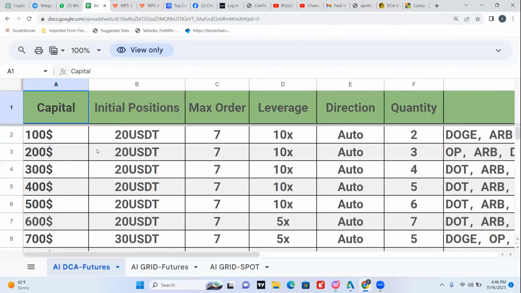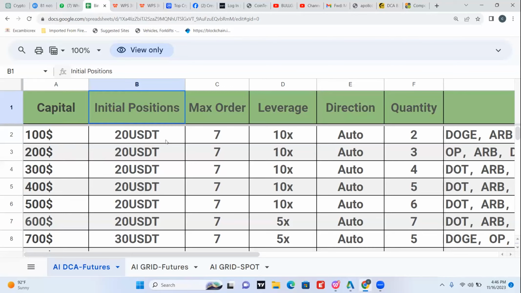You want to trade the futures and you have $100. What do you need to do? Locate the spreadsheet and be sure to locate your exchange, all right? So you tap on the link for your exchange, and it opens up and you will see a spreadsheet like this. So you have the $100 all the way to $100,000 or whatever amount you want to trade.